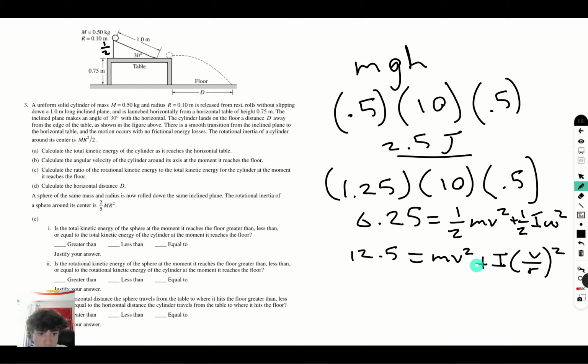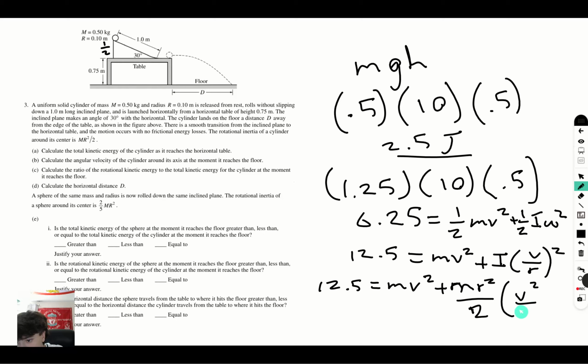And the inertia, we're given an equation for: mr squared over 2. So let's write that out. 12.5 is equal to mv squared plus mr squared over 2. When we write this out, we'll get v squared over r squared. These r squareds will cancel. So we'll get mv squared over 2.